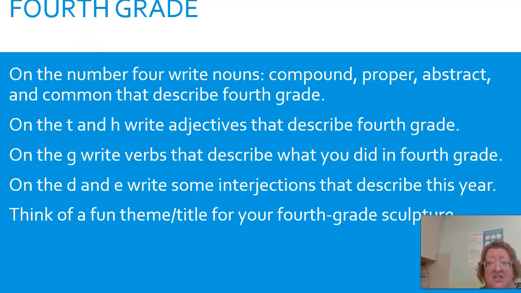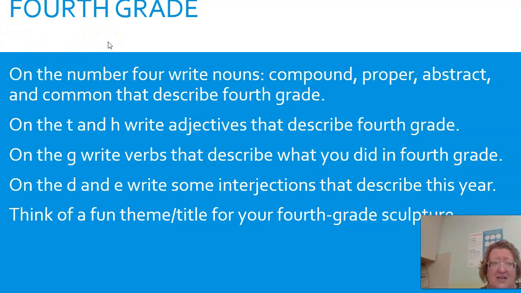Okay, so you see the number 4, and then you have the TH, and then you have the word grade. So in the number 4, you're going to write nouns. For an example, you could write Mrs. Franklin, or any of the other teachers that you have had this school year.